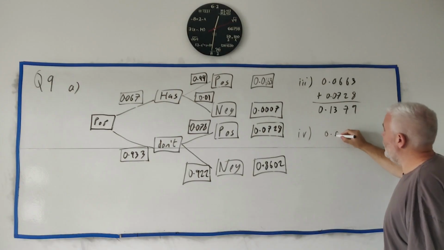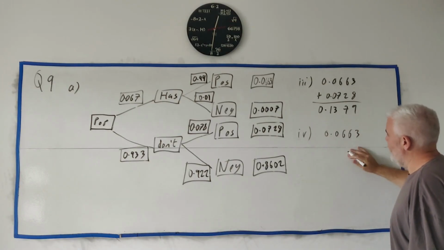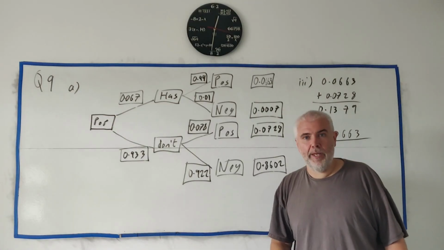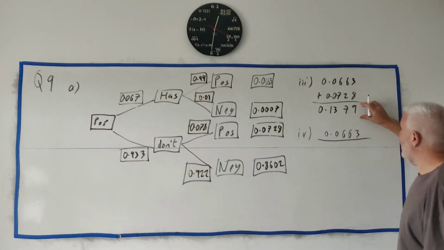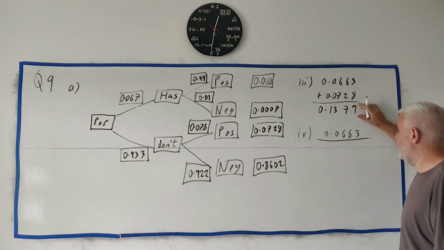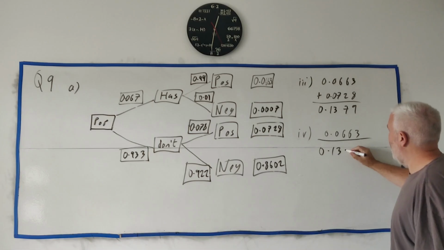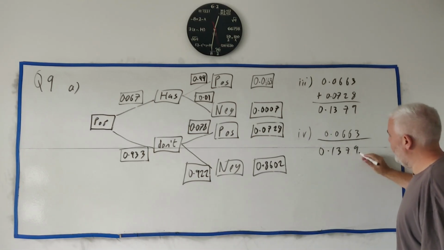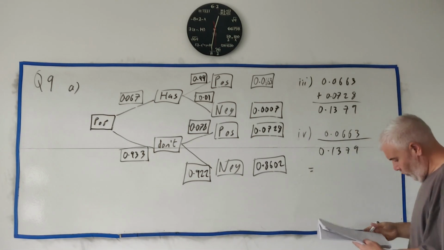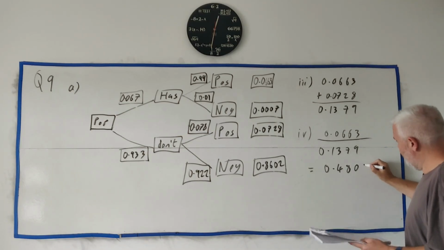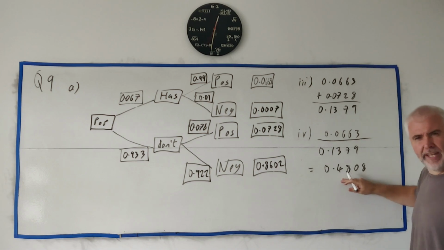That's 0.0663. And the total number of people we're picking from now isn't the whole population. It's everyone that tested positive. These are the ones that have it, and the total ones are 0.1379. And if we put that together, we get a probability of 0.4808.